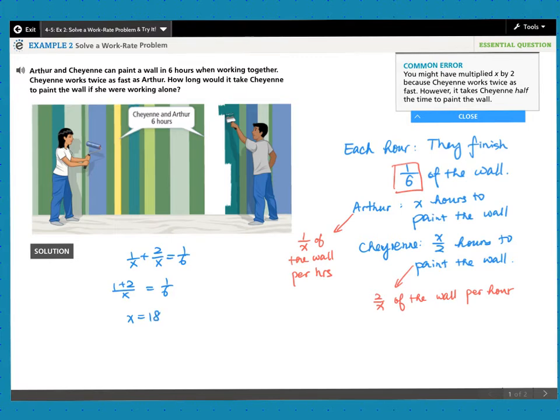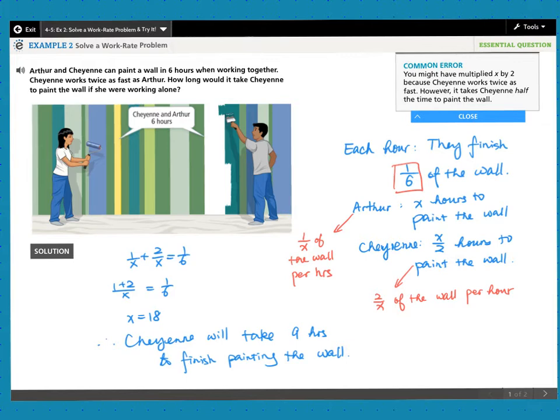So if x is 18, Shanine will take half as long, so it's 9 hours to finish painting the wall. Okay? So that's the thought process.